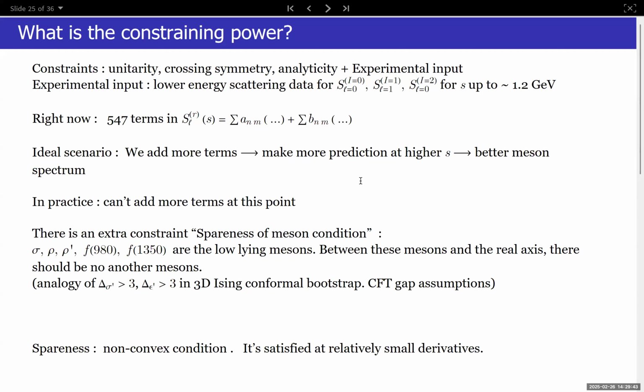I thought in your analysis you somehow could remove the non-analyticity at s equal 4m squared by defining a new variable. So then there's a question about the effect of higher resonances, like the rho and sigma.